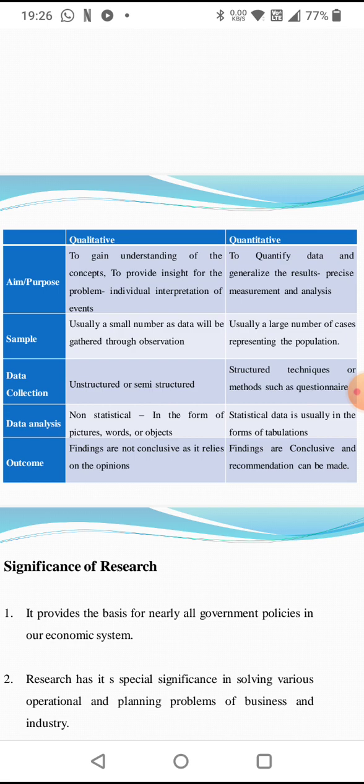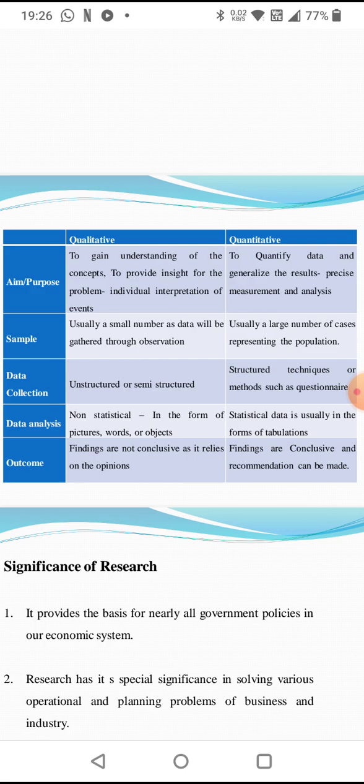Coming to the purpose, the qualitative purpose is to gain understanding of the concepts, to provide insights for the problem with individual interpretation of events. Coming to quantitative research, the purpose is to quantify the data and generalize the results, with precise measurement and analysis.